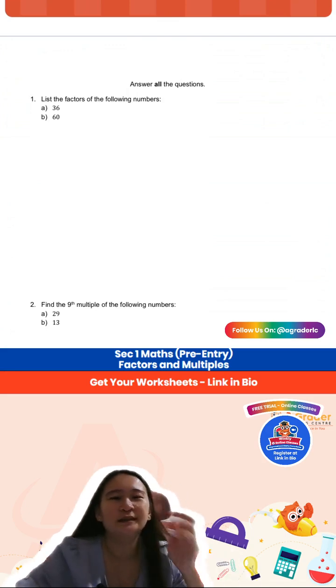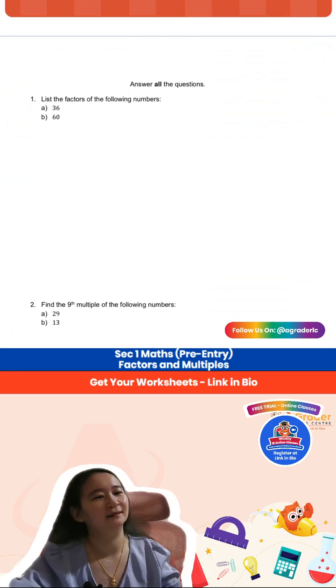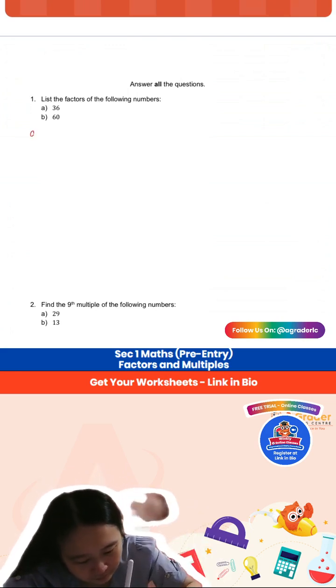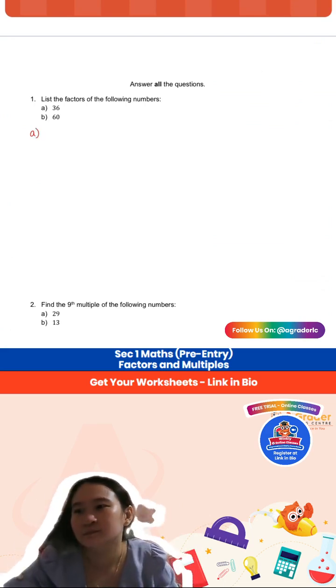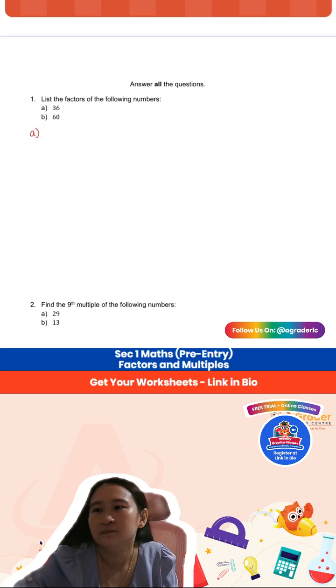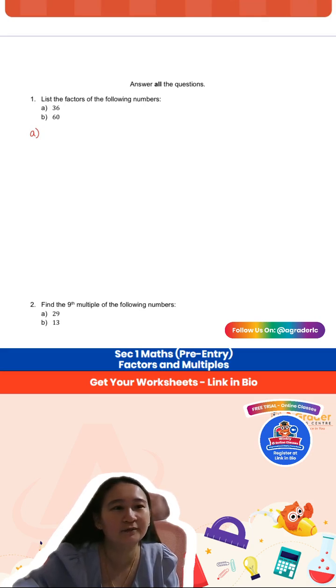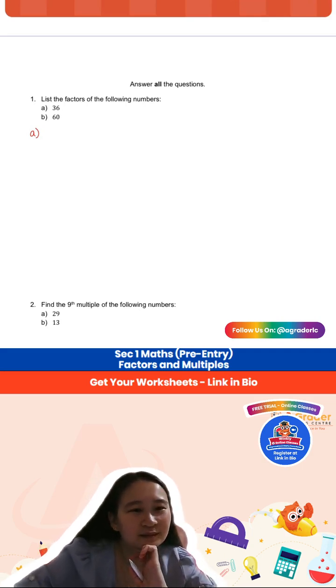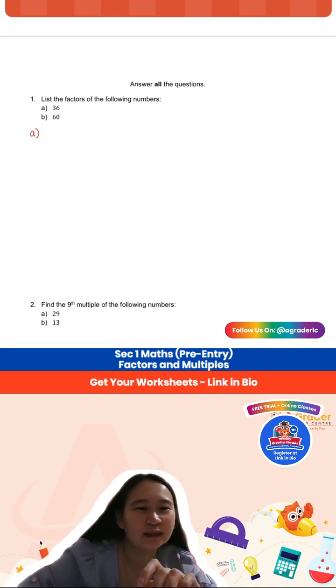For factors of 36, we do part A first. There's more to it. It shouldn't be 8, it should be another number.